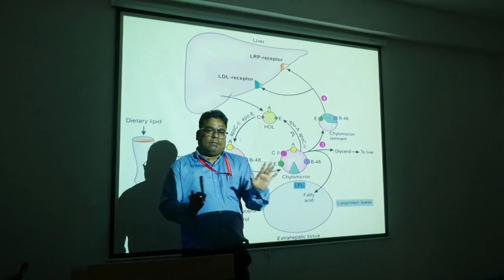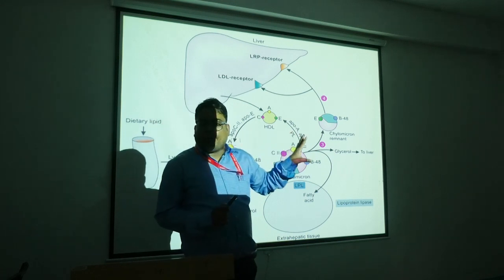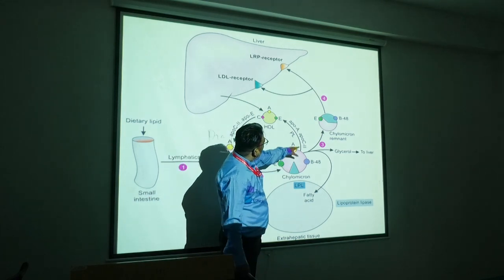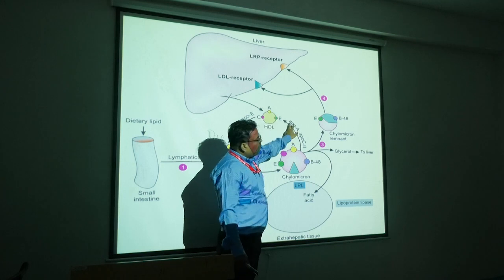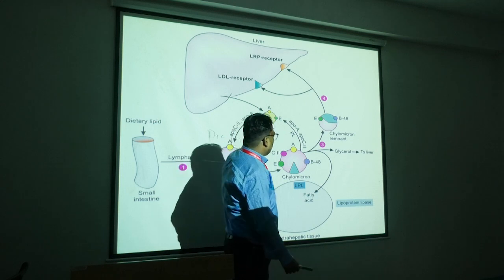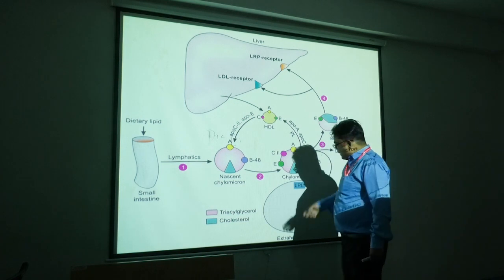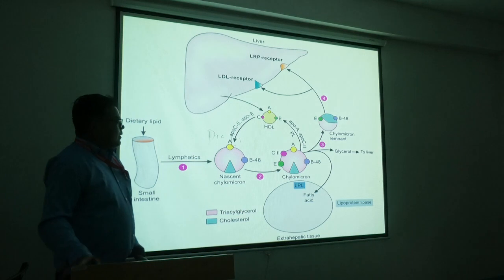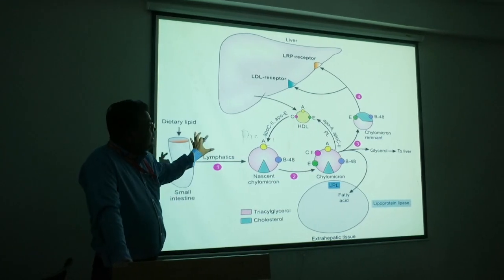Because this is a very important topic, by maturation, this mature molecule goes to the formation of the HDL molecule by attachment of all these apo proteins. Then it breaks down into glycerol and goes to the liver and the extrahepatic tissues. Have you any question regarding this topic, this figure?